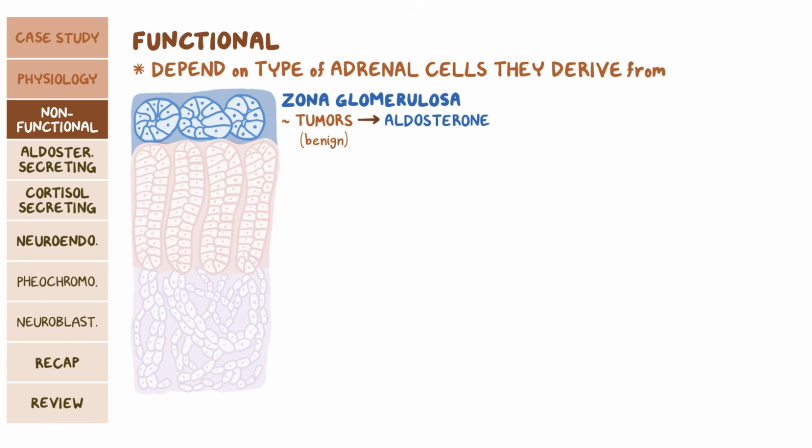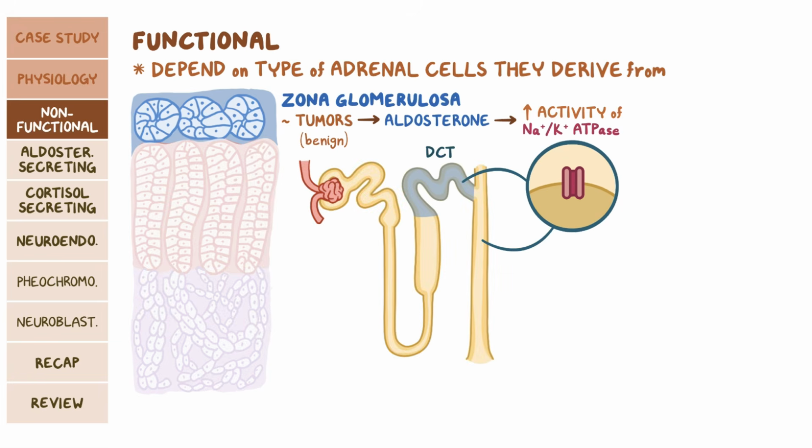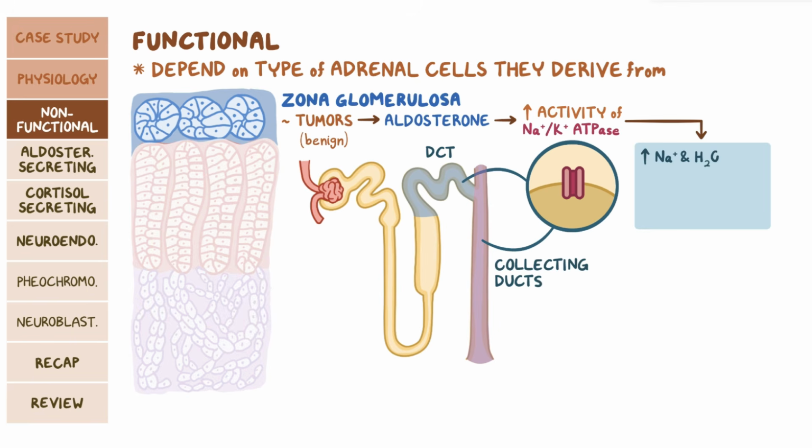Remember that aldosterone release is increased whenever there is a drop in blood pressure or sodium levels. This hormone increases the activity of the sodium-potassium ATPase ion pump on the surface of the cells that line the distal tubules and collecting ducts of the kidney. The result is increased sodium and water reabsorption and increased potassium and hydrogen excretion through urine.